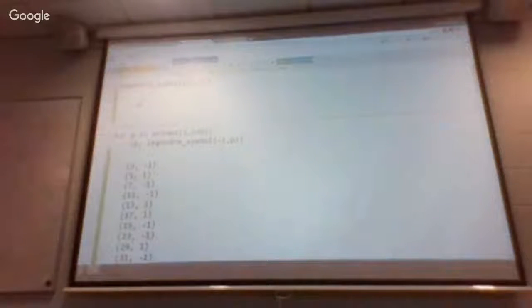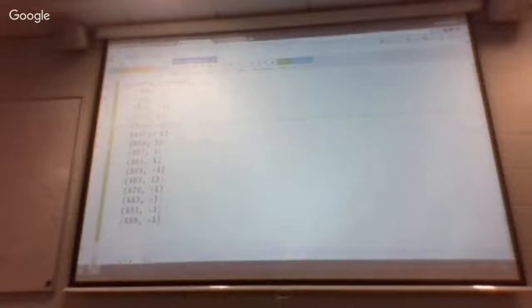Now you can try the same game, thinking of how people discover this in the first place. So now we're looking at the Legendre symbol 2 mod p for every prime between 3 and 500. Sometimes 2 is a residue, sometimes it isn't.